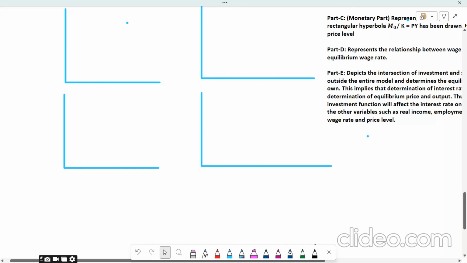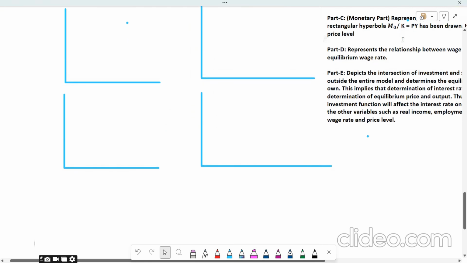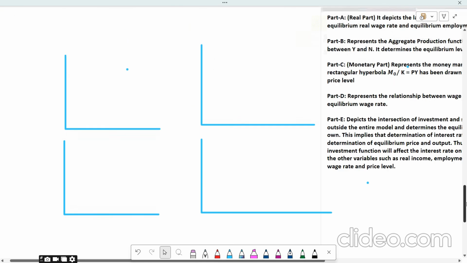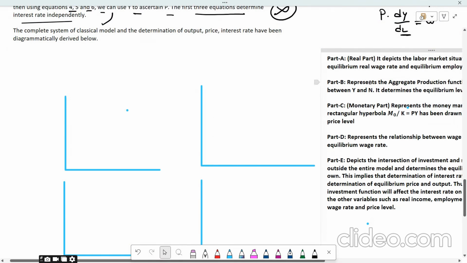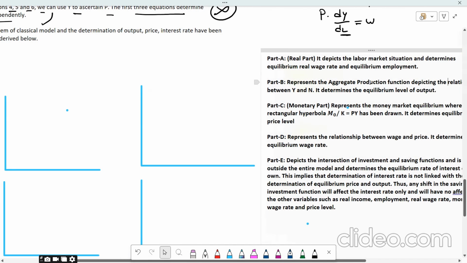Okay, so at first we will basically be drawing part A. So let me just show you what is in part A. Part A depicts the labor market situation and determines equilibrium real wage rate and equilibrium employment.